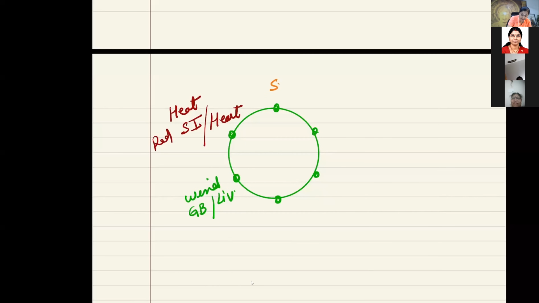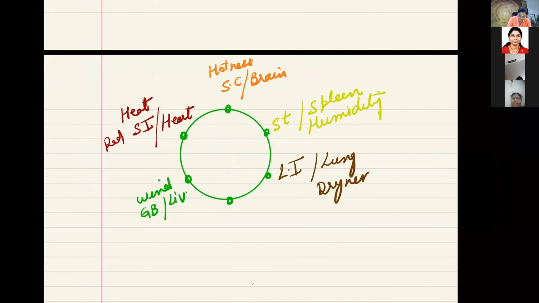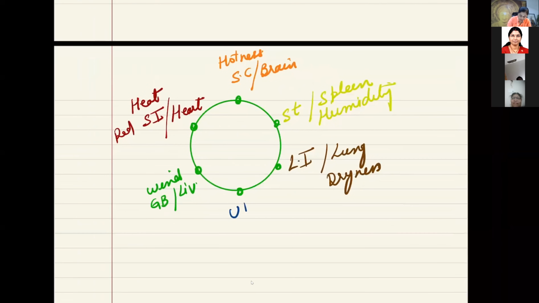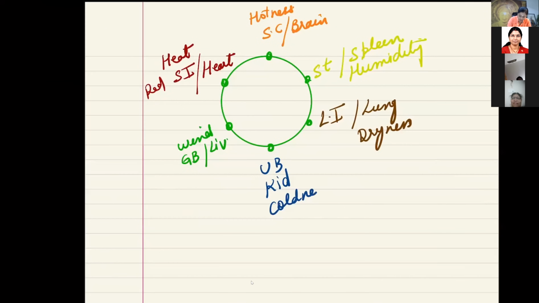Then spinal cord and brain, hotness energy. Stomach, spleen, yellow color, humidity energy. Next is large intestine and lung, dryness energy. UB and kidney, coldness energy. Please write with me.